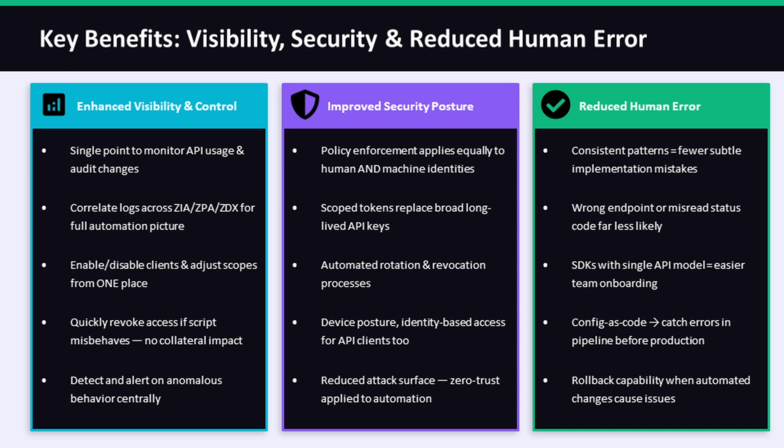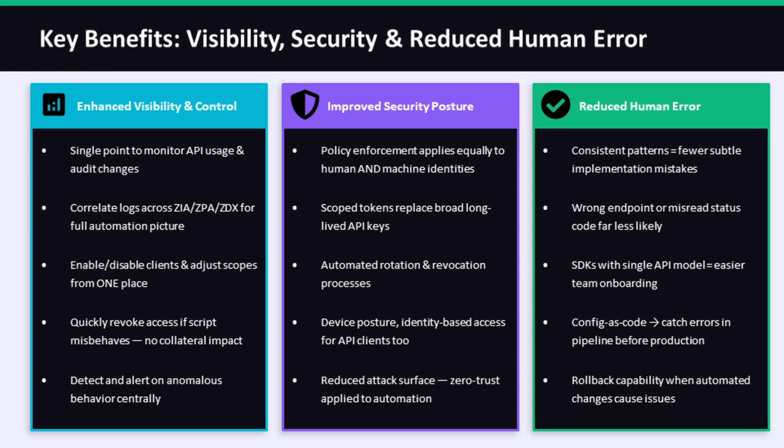You can see which automations ran, what changes they made, and whether they encountered errors across ZIA, ZPA, and ZDX from one correlated log view. If a script misbehaves, you can revoke its access immediately without impacting any other automation. This level of control is simply impossible with fragmented, product-specific API keys.